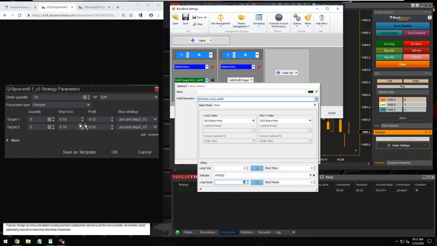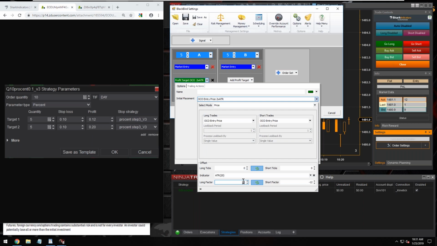What I'll do is I'll just use these. So this percentage number here, I'll just plug in 10 ATR. I'm sorry, the profit is 12.12%. So I'll just put in a factor of 12.